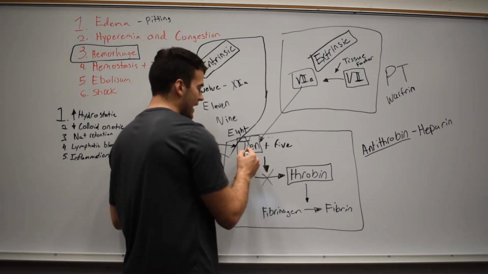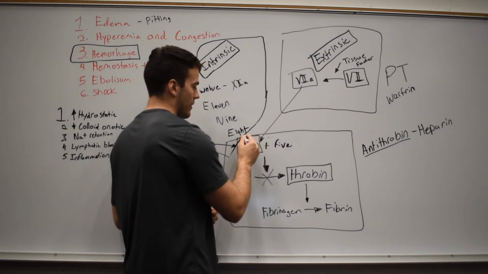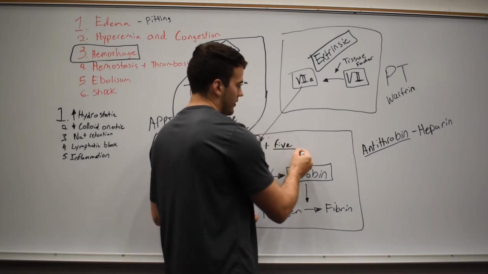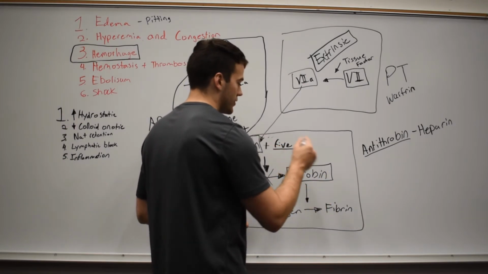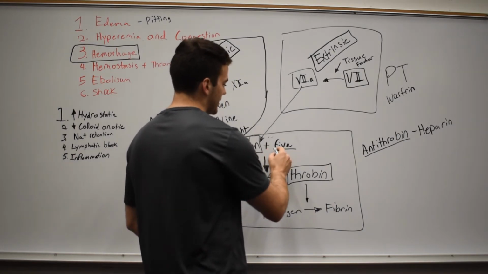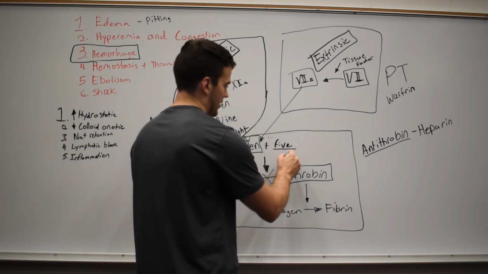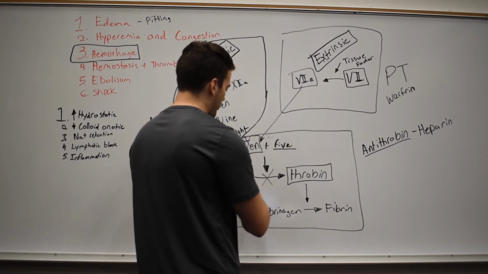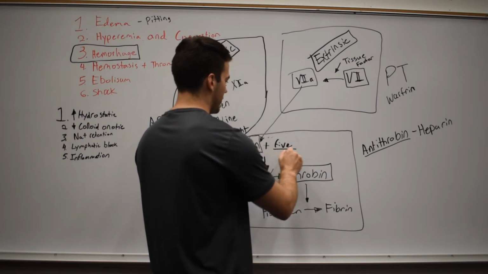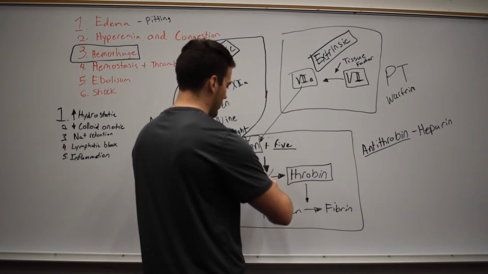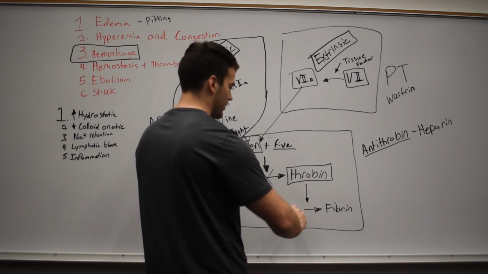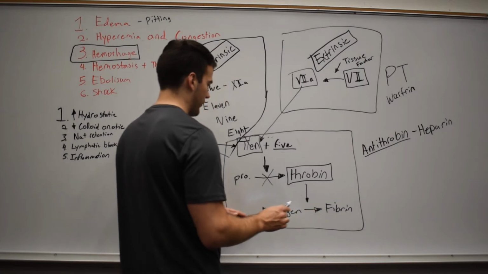So the 10A, when it's activated by 8A, it complexes with this other factor in calcium and phospholipids, which you don't need to know as much. But it's going to make this big enzyme, when it assembles with this, to allow prothrombin to turn into thrombin. Okay? So those two together make an enzyme that turns prothrombin into thrombin, and thrombin is the enzyme that turns fibrinogen into fibrin. Easy enough, right?